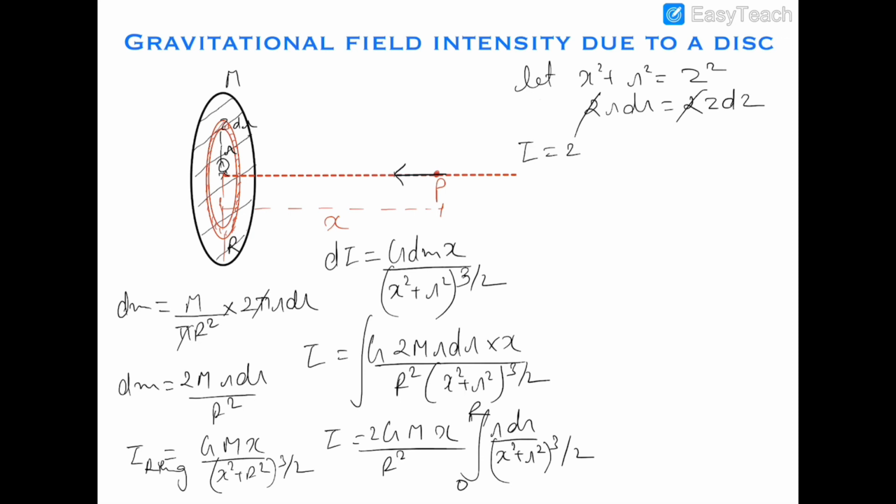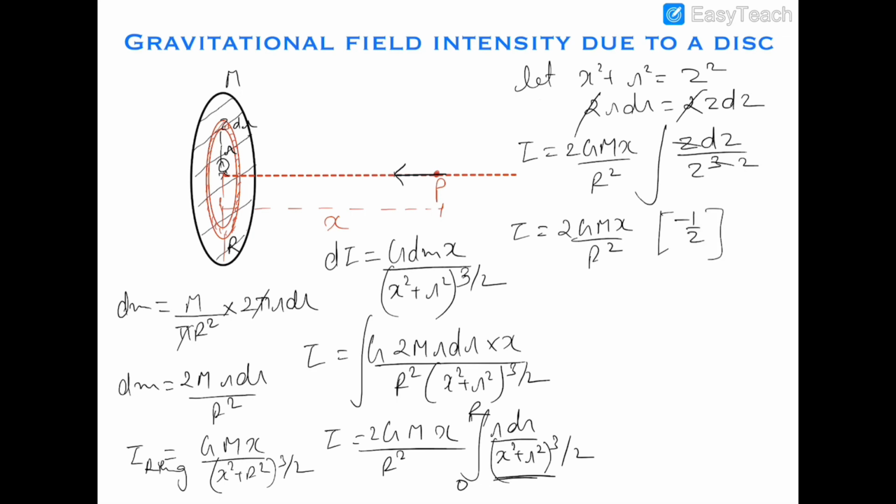So this is 2GM x by R square, and this is the integration of r dr, which is z dz, over z cube. So you can cancel out this z with this one. This is z square. So I would be 2GM x by R square, and 1 upon z square integrates to minus 1 upon z.